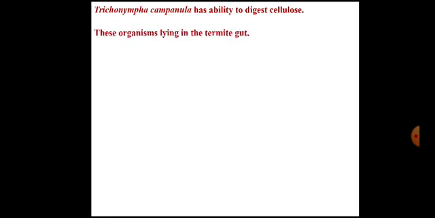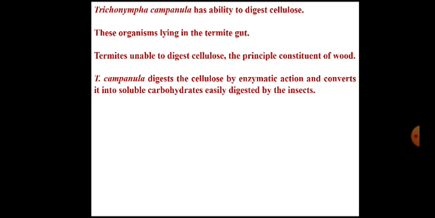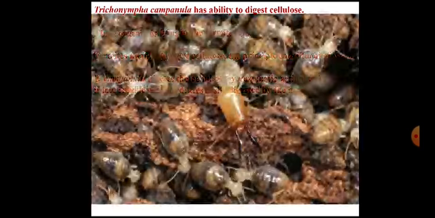So these organisms are living in the termite gut. Termites are unable to digest cellulose, which is a principal component of wood. Trichonympha campanula digests the cellulose by enzymatic action and converts it into soluble carbohydrates easily digested by the insects.